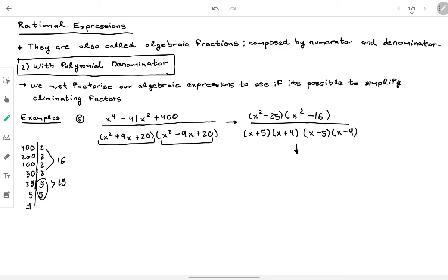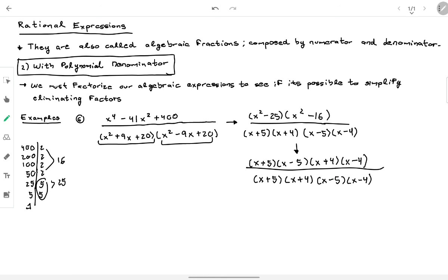We can again factorize our expressions, and it's going to be x plus 5 that multiplies x minus 5, and x plus 4 that multiplies x minus 4. The denominator is going to be already as we have it, x plus 5, x plus 4, x minus 5, and x minus 4.